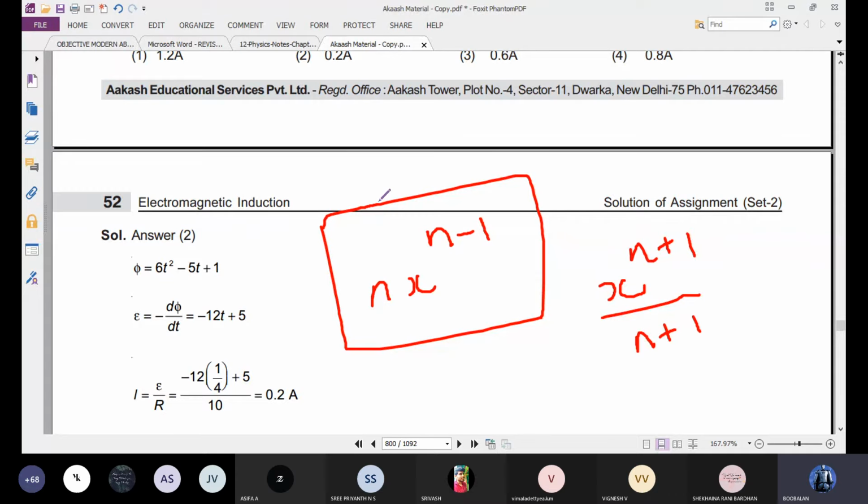Now we are using the differentiation formula: x power n differentiates to n into x power n minus 1. So 6t square gives 12t, and the derivative will become 12t minus 5.